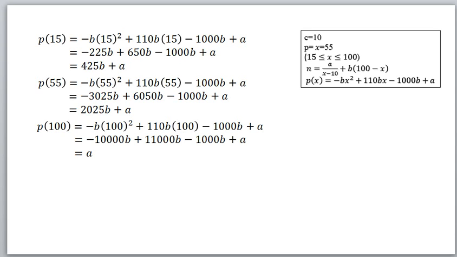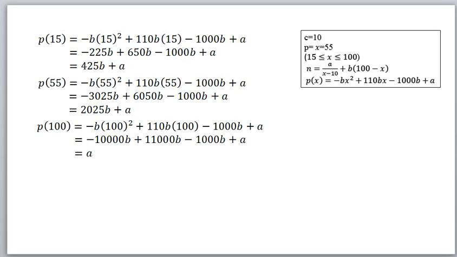So, filling in 15 for x, P of 15 equals minus b multiplied by 15 squared plus 110b multiplied by 15 minus 1000b plus a. That equals minus 225b plus 1650b minus 1000b plus a. Adding all b's together, we get 425b plus a.